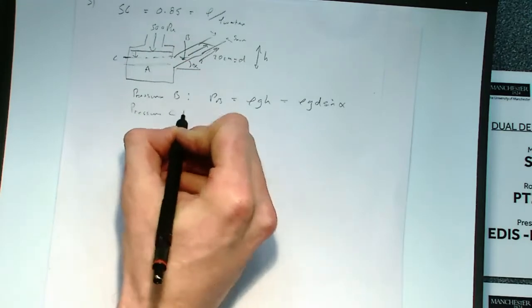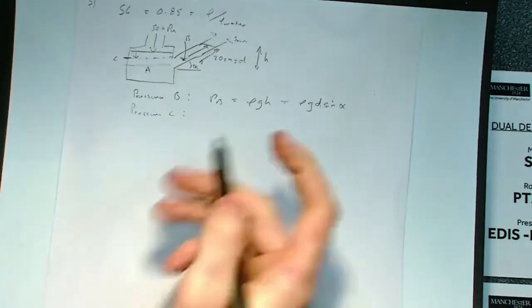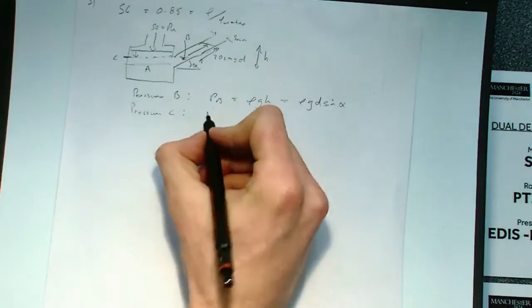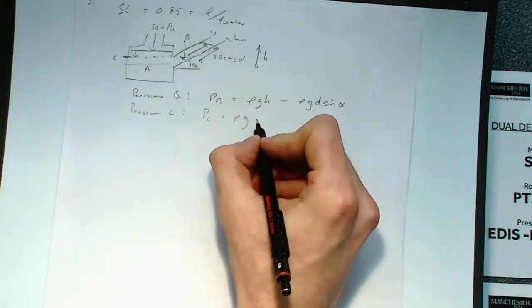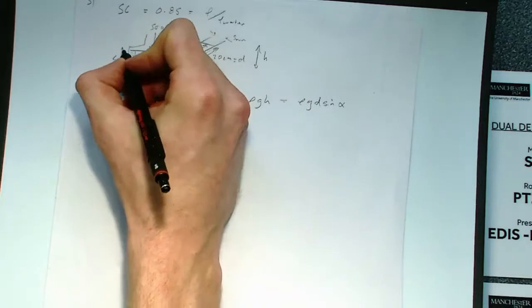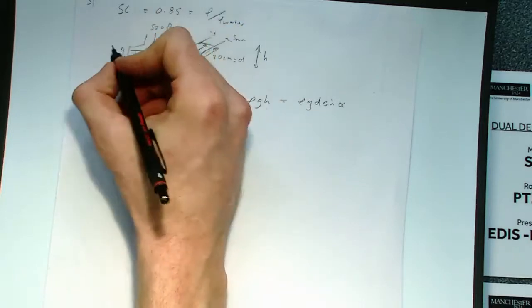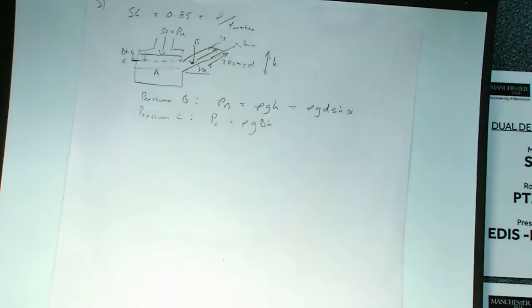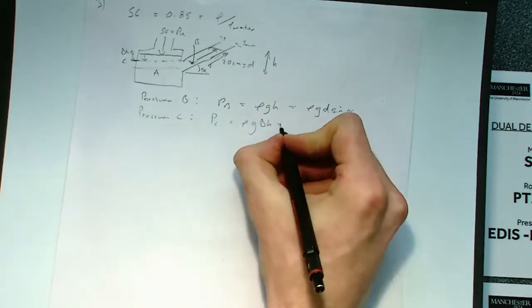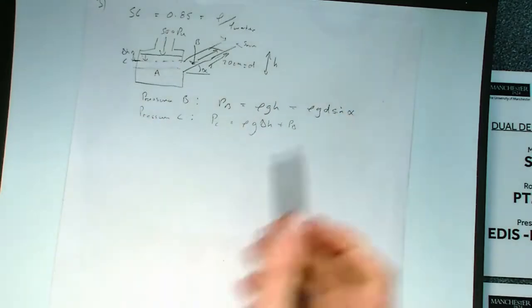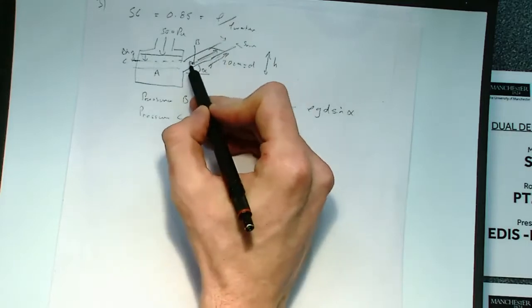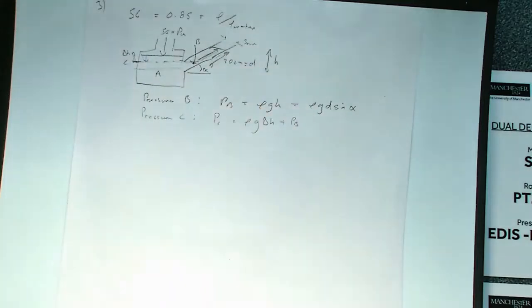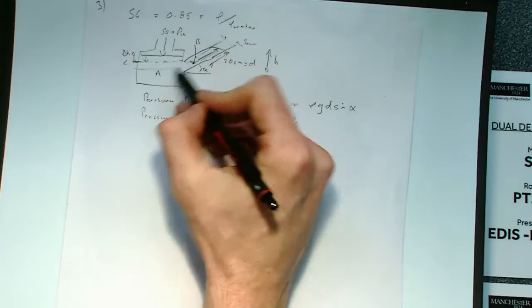So the pressure at C is equal to rho of the oil, g times this little bit here, which I'm going to call delta h because it's the change in height, plus the pressure at B. Basically this oil here, there's that much, and that's weighing on this point, pushing down into the manometer.